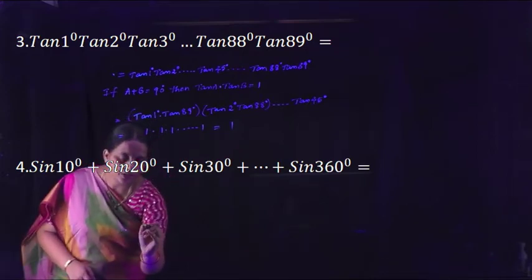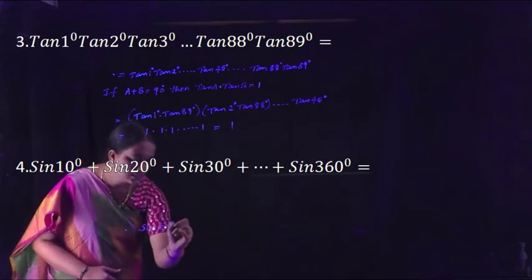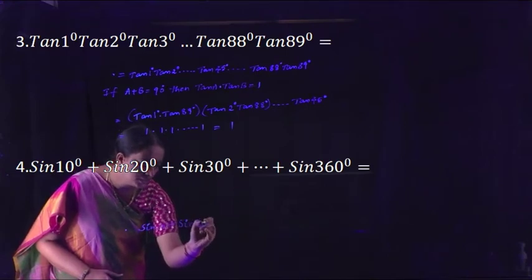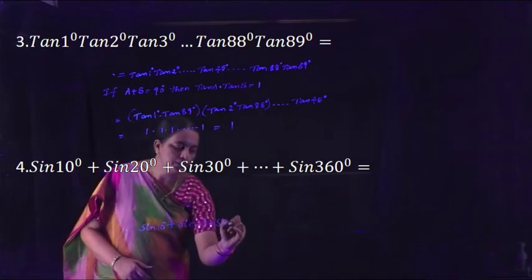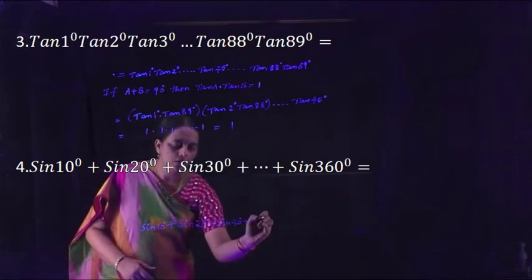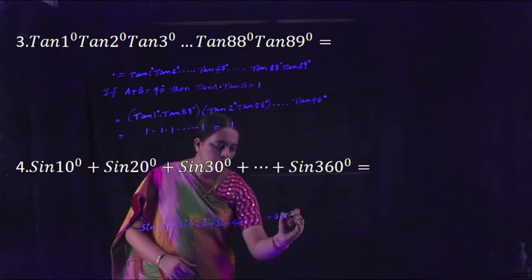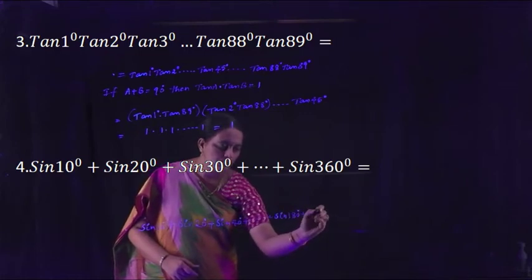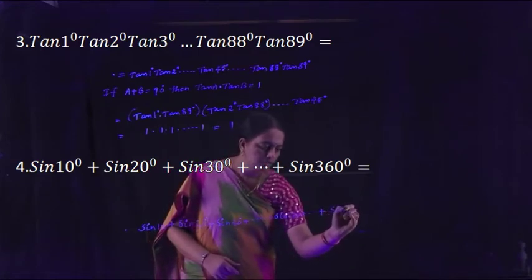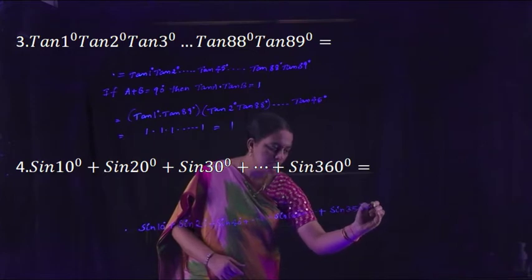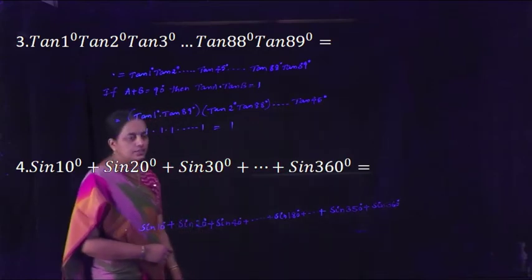The given expression can be written as sine 10 degrees plus sine 20 degrees plus sine 40 degrees plus and so on plus sine 180 degrees plus and so on sine 350 degrees plus sine 360 degrees.